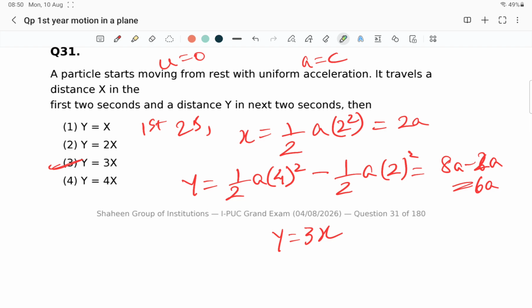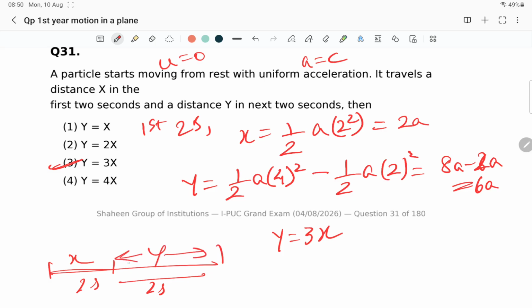In the first 2 seconds it travels x, in the next 2 seconds it travels y. So what I did was take the total distance traveled in 4 seconds minus the distance of the first 2 seconds, and I get this y.